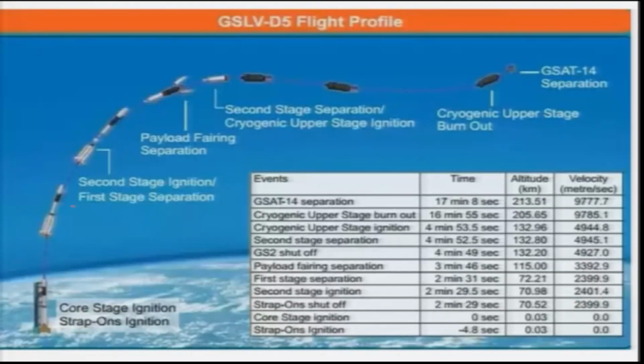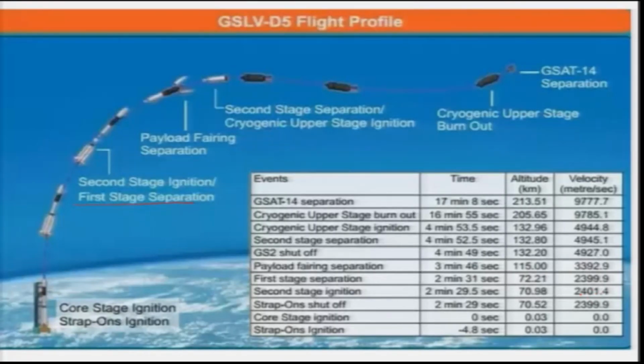Then the first stage separation will occur at around 2 minutes 31 seconds, and the second stage ignition will start a little before that, at 2 minutes 29.5 seconds, at an altitude of about 70.98 kilometers, with a velocity of 2401.